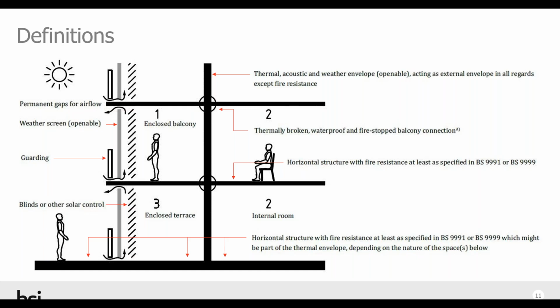Moving across towards the outside, there will be the need for some sort of thermal, acoustic, and weather envelope, which will need to be openable, and it will have all the necessary performance characteristics of an external envelope.